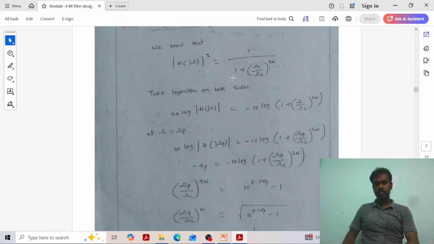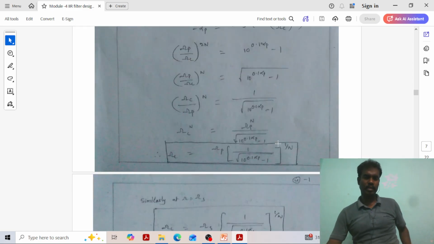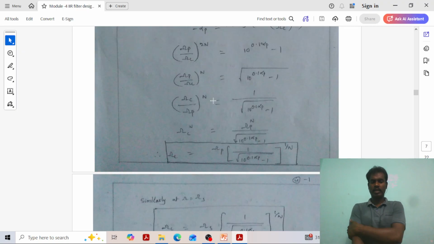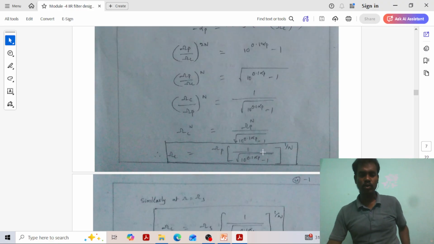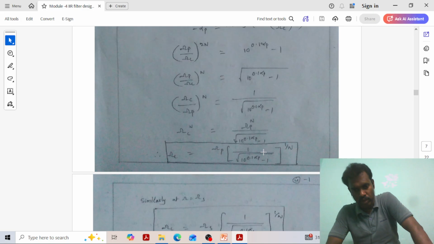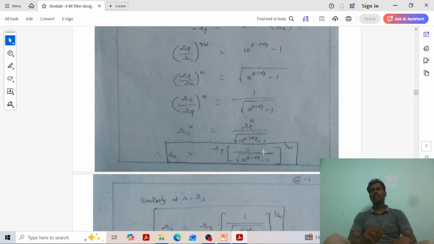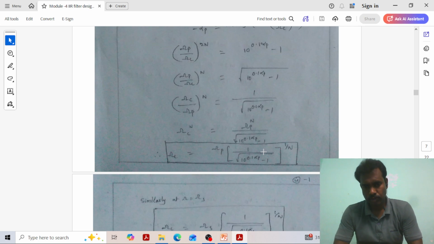So we substitute, and with a small manipulation we get omega c equal to omega p into (1 by square root of (10 power 0.1 alpha p minus 1)) whole power 1 by N.